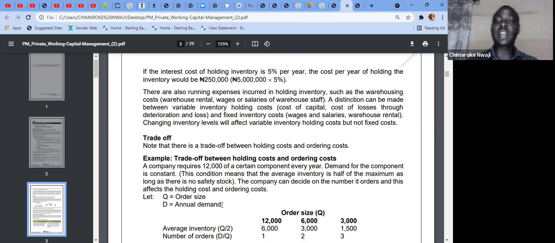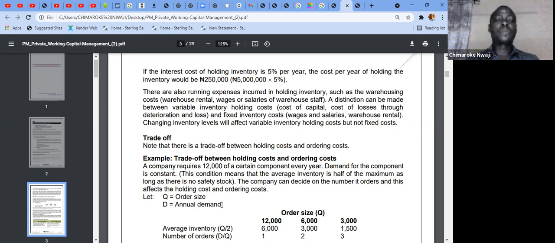Now these ones are also other running expenses such as warehousing, the rental of warehouse, wages and salaries of warehouse staff, and also a distinction can be made between variable inventory holding and fixed inventory costs. And so there is going to be cost involved in holding and carrying this inventory.